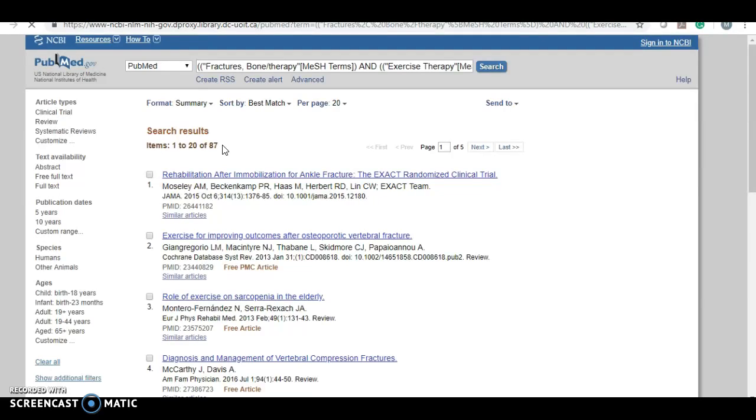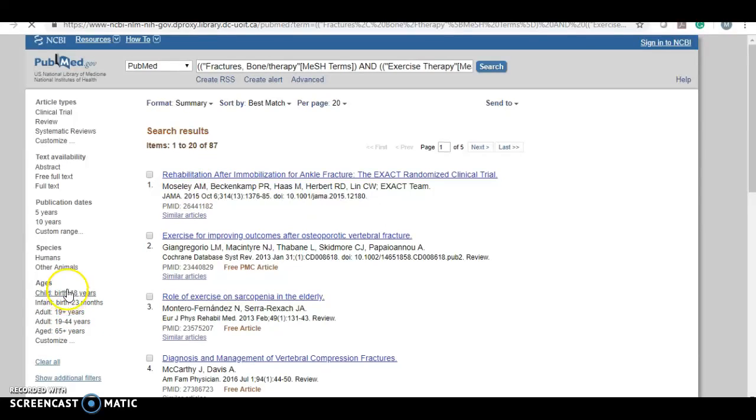One last part of the PICO search is important to the healthcare professional, if you remember that they specifically wanted to know this about an adult with bone fractures.